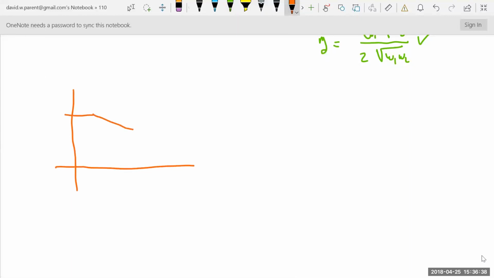So if you see a Bode plot like this, right, omega 1, omega 2, you can see 2 real roots. It's overdamped, right?